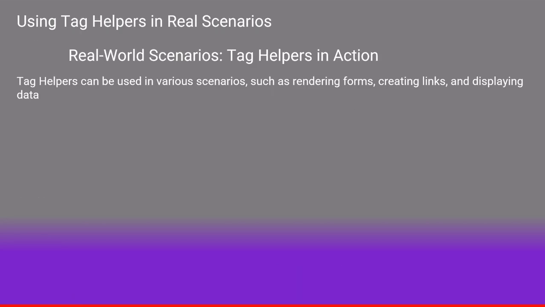Now, let us look at some real world scenarios where tag helpers shine. For example, when building forms that require validation, you can use the validation tag helpers to display error messages easily. These tag helpers work seamlessly with the model validation and can provide user-friendly feedback.